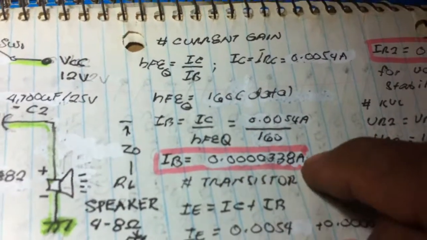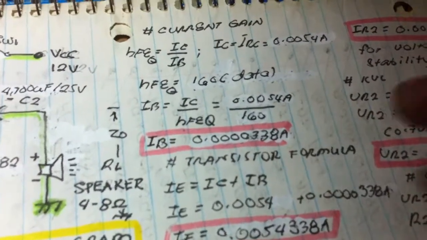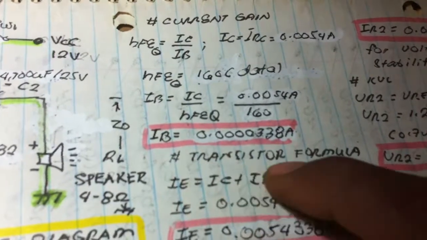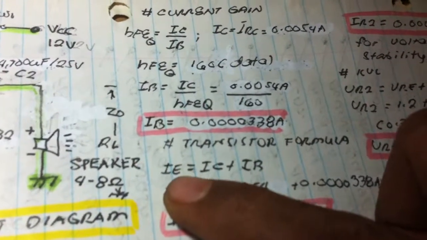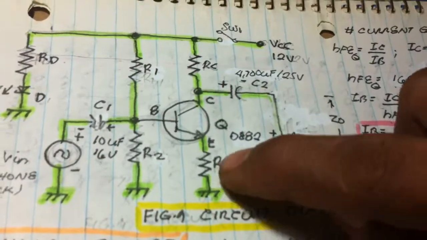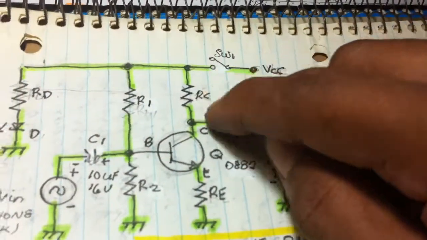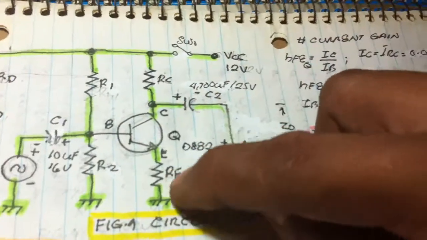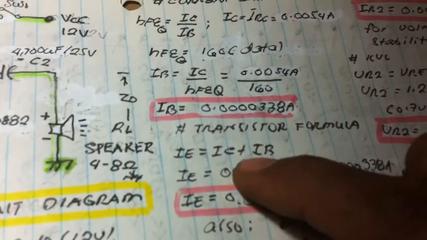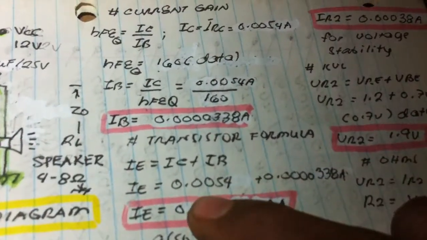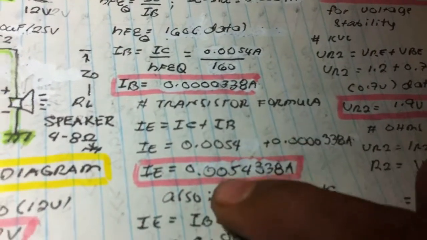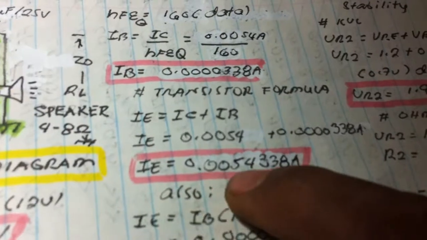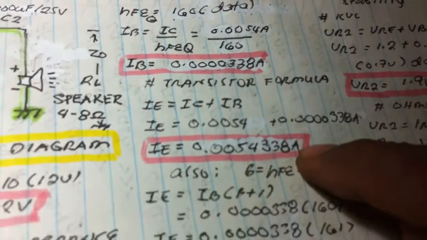0.000338 ampere. And using the transistor formula again, we now compute the value of IE, the emitter current. Since we know IC and IB, IE is IC plus IB. By substitution, we got IE of 0.0054338 ampere.